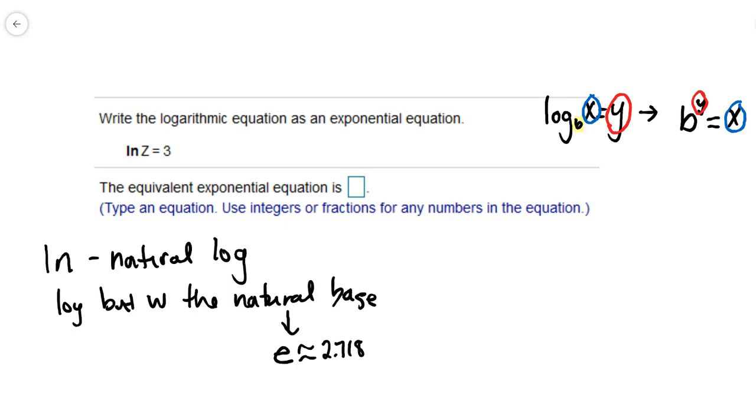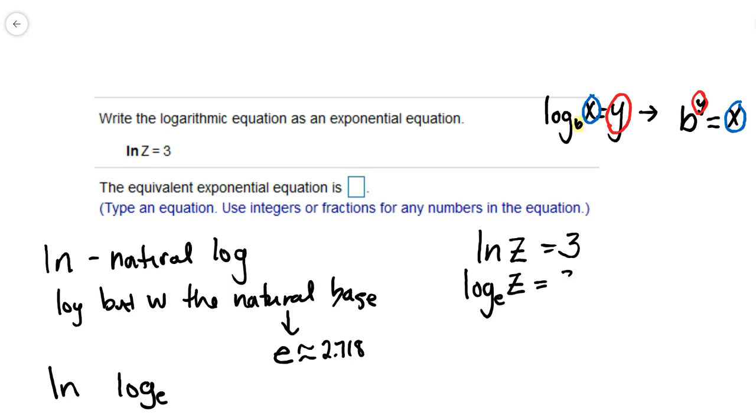So when we use the symbols ln, that's the same thing as using the symbols log base e. Going back to our example, I'm going to think of natural log z equals 3 as log base e of z equals 3.